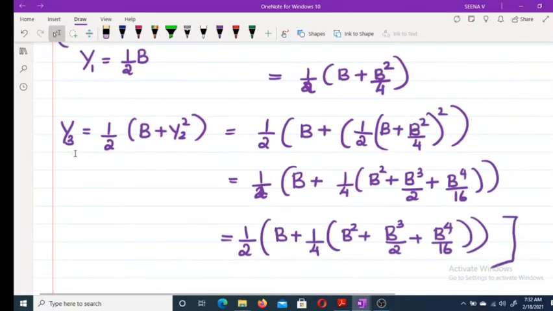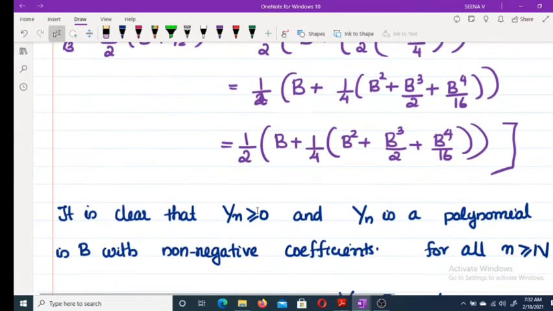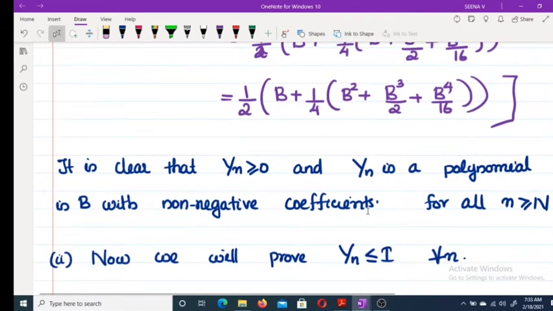And again y_3 equal to 1 by 2 times (B plus y_2 squared). Again, clearly all these coefficients are positive and this is a polynomial in B. Clearly y_n is greater than or equal to 0, and y_n is a polynomial in B with non-negative coefficients for all n.